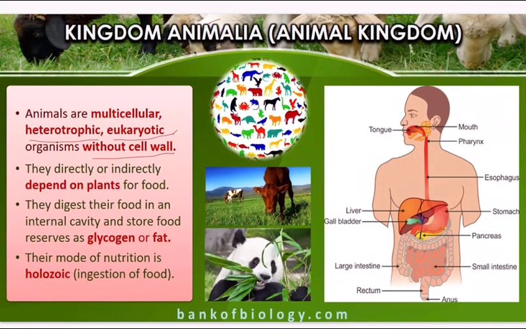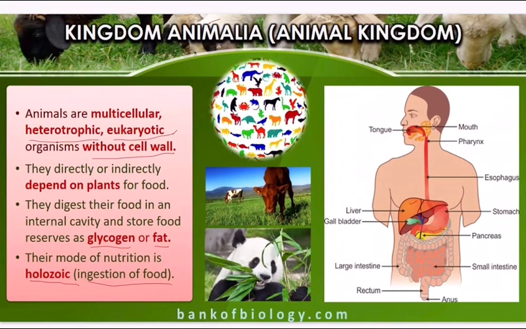They directly or indirectly depend on plants for food. So they are depending on autotrophic ones. They digest their food in an internal cavity and store food reserves as glycogen or fat. So that glycogen or glucose will be there in this organ, liver. And of course fat gets accumulated throughout the body under subcutaneous membranes.